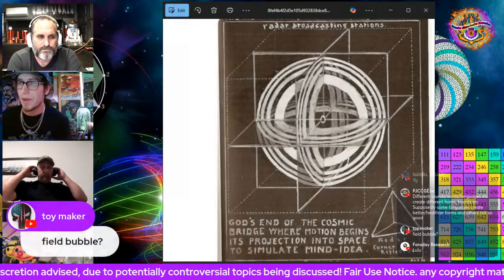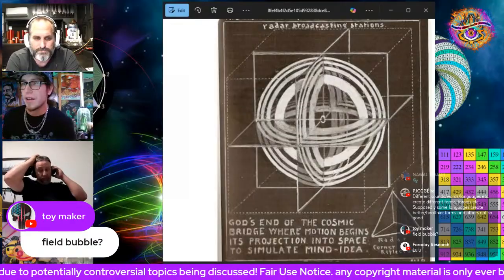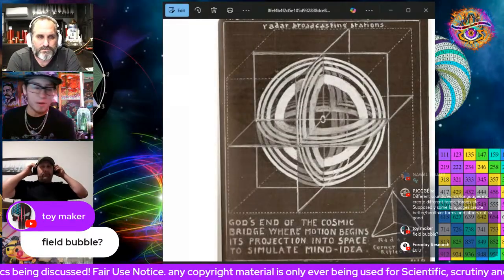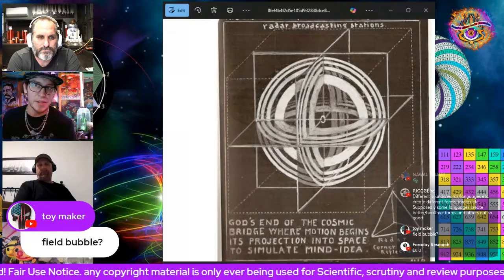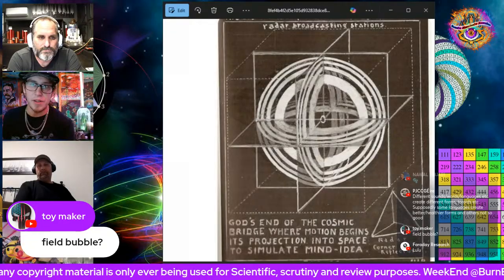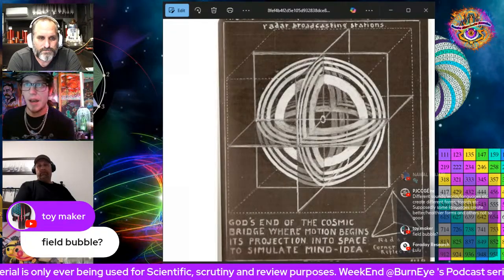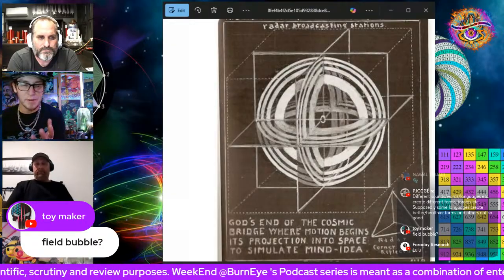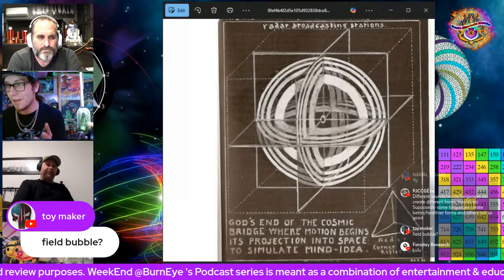So what I'm proposing is that these bubbles, these fields, create the supposed physical bonds between molecules, between atoms, and between elements, would create physical matter, solid matter.